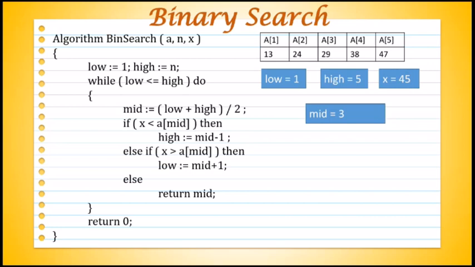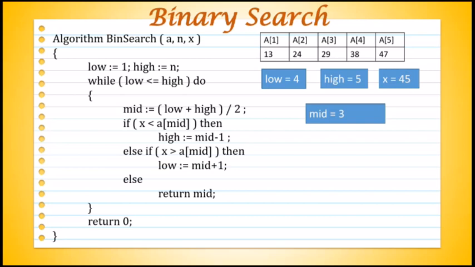So is x greater than a of mid? Yes, this condition is true. That means low equal to mid plus 1, that statement will be executed. So that means we are changing the value of low. So mid is 3 and plus 1. So the new value of low will be 3 plus 1, that is 4.